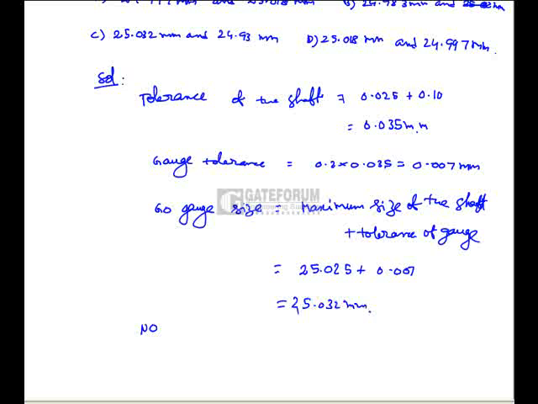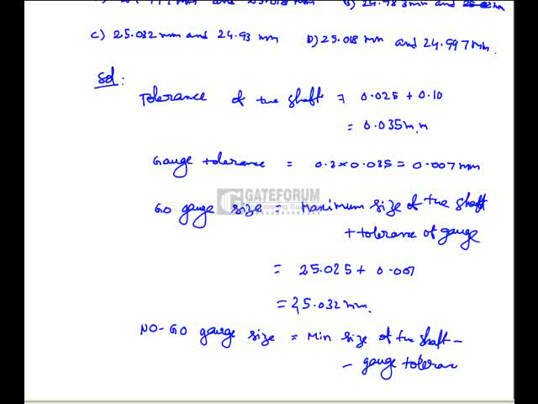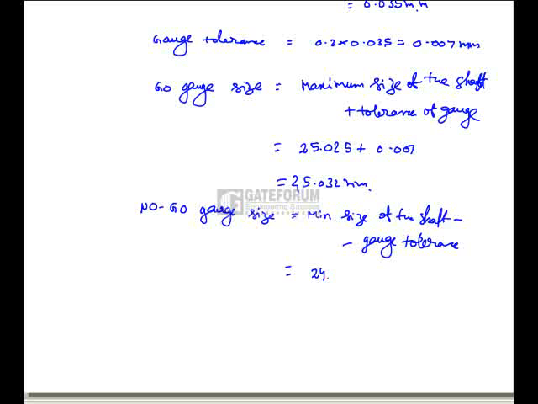And no go gauge size is equal to minimum size of the shaft minus tolerance of the gauge. So which is equal to minimum size, given by 24.99, minus 0.007.